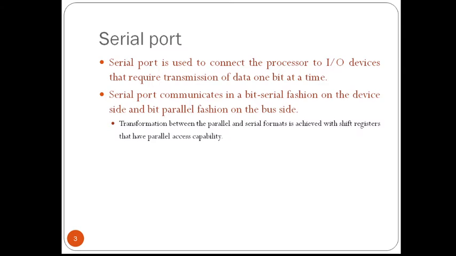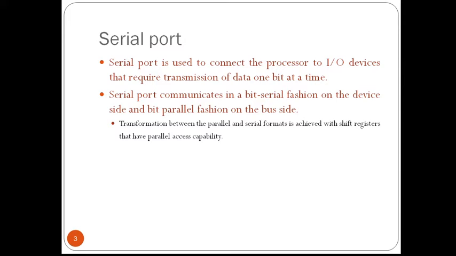So shift registers have the capacity of parallel access. They are capable of accessing the bits parallelly. So shift registers are used for this transformation, that is from parallel to serial or serial to parallel formats.